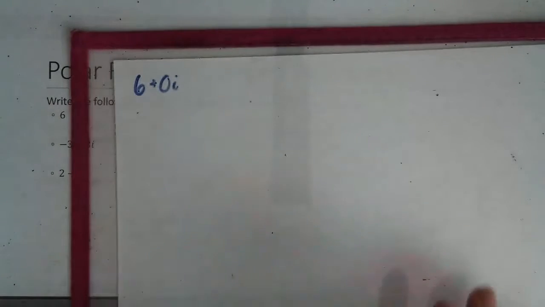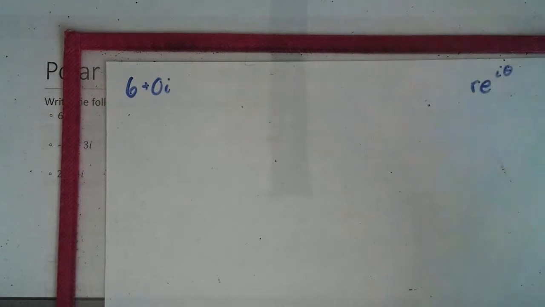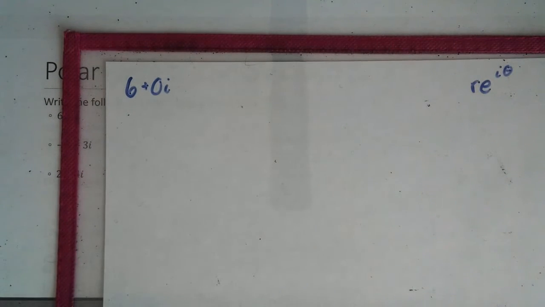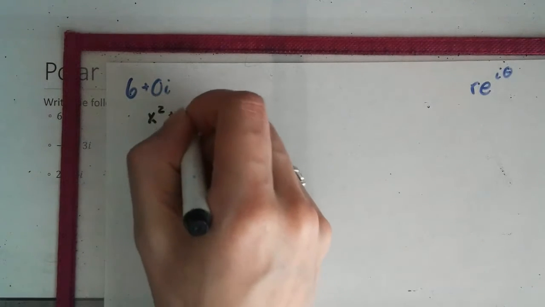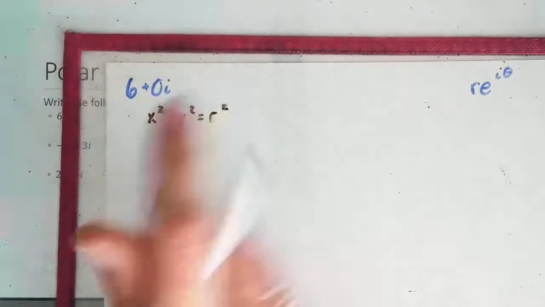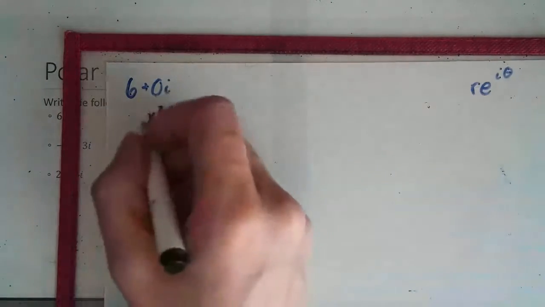And my goal is to get to re to the i theta. Well, if we think back to some of the formulas that we've used in the past, we know that x squared plus y squared is equal to r squared. So I can use this to help me find the r.